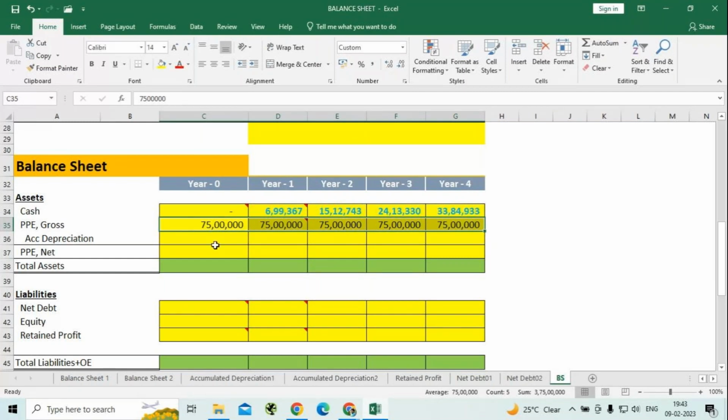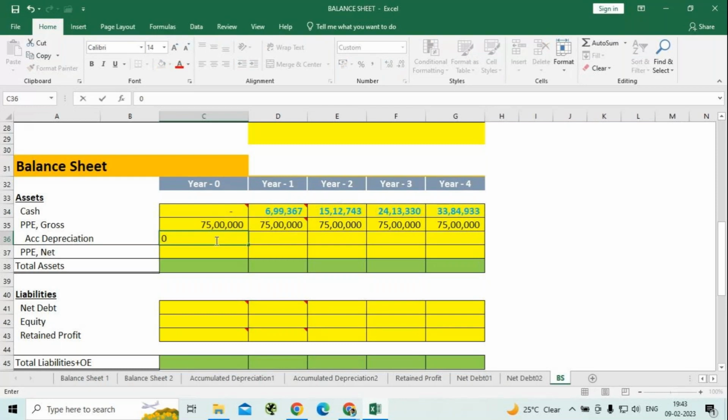Okay. So the next thing is the depreciation value. So for the year 0, there is no depreciation because once you start to use the asset, then only you are going to calculate with depreciation value. So year 0, it is 0. Then for the year 1, it is going to be equals to the current year's depreciation. So how do I calculate it?